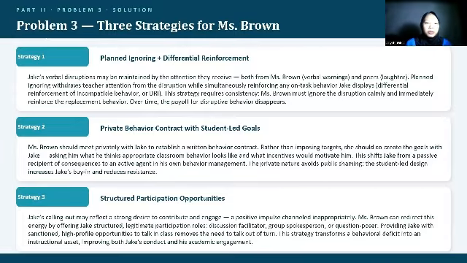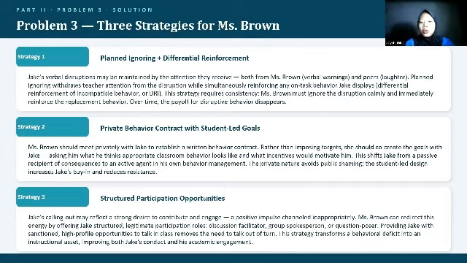Jack's verbal disruptions may be maintained by the attention they receive, both from Miss Brown, through verbal warnings, and from peers laughing. Planned ignoring withdraws teacher attention from the disruption while simultaneously reinforcing any on-task behavior Jack displays. This is differential reinforcement of incompatible behavior, or DRI.